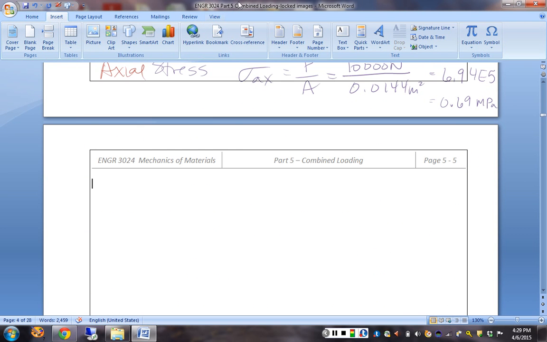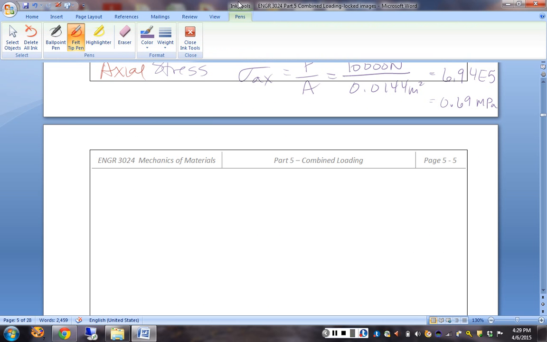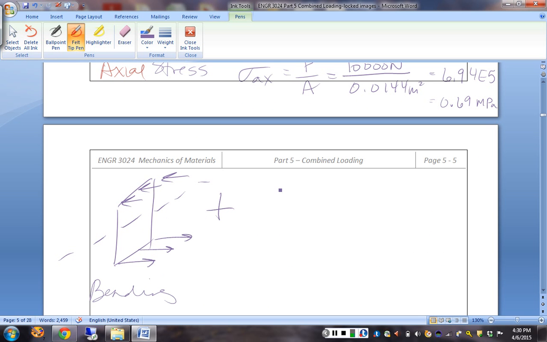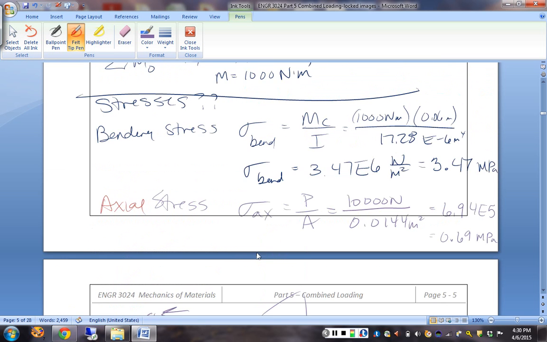All right. So to sort of summarize what this looks like, hopefully without jumbling up that other drawing too much, I have compression at the top, tension at the bottom because of bending stress. And with axial, what do I have all over the whole surface? Tension or compression?